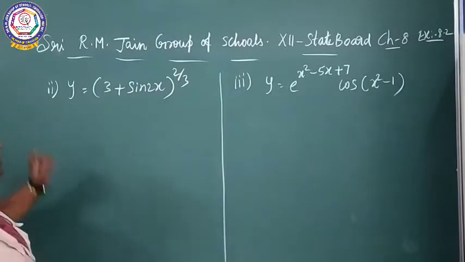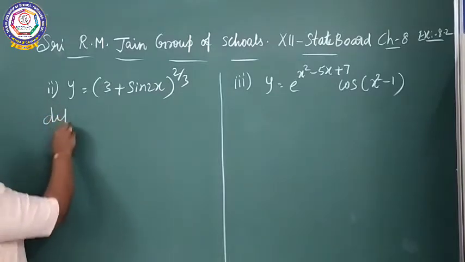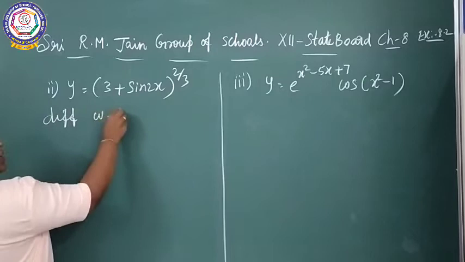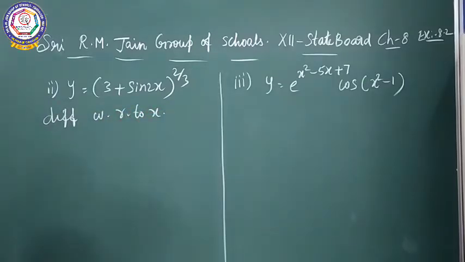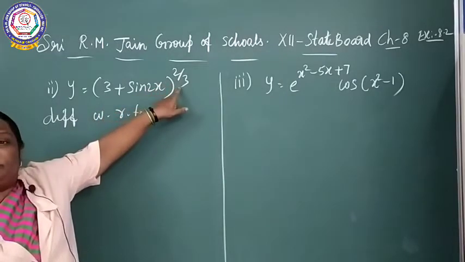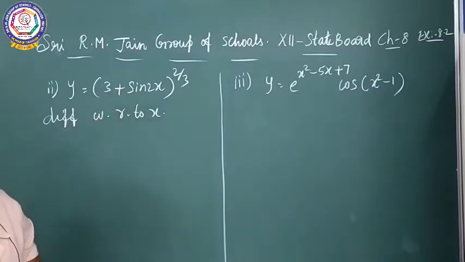See the second sum, y equal to (3 plus sin 2x) whole power 2 by 3. The same thing, differentiate with respect to x. First you can concentrate on the power, because it is successive differentiation: first the power, then you can differentiate 3 plus sin 2x.